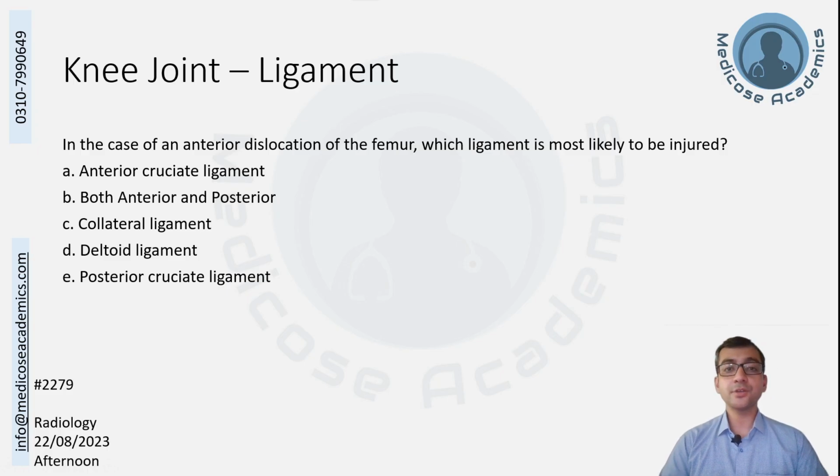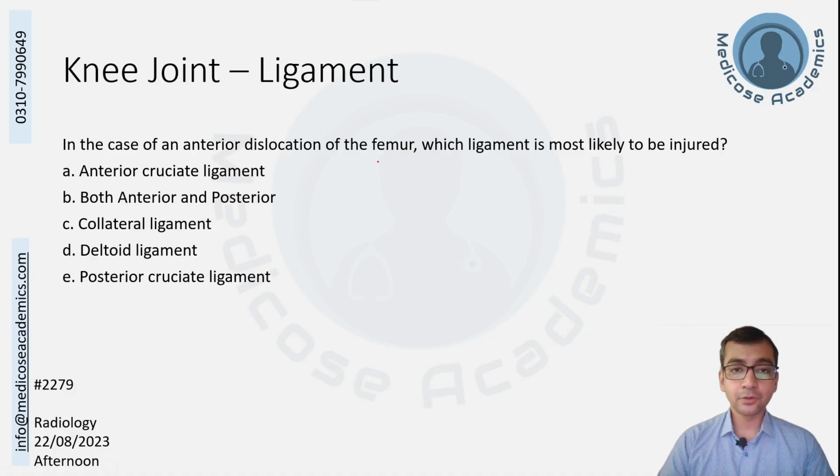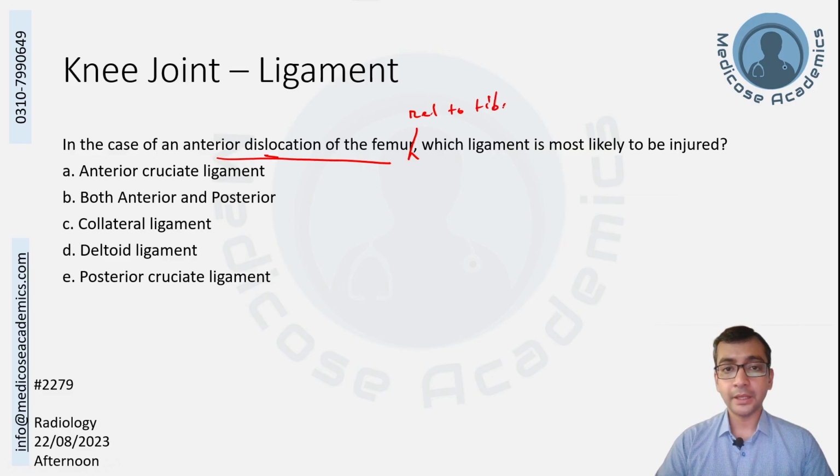In case of anterior dislocation of the femur, which ligament is most likely to be injured? Now, you are being asked about anterior dislocation of the femur relative to the tibia. Here I would suggest you translate it in the opposite direction.